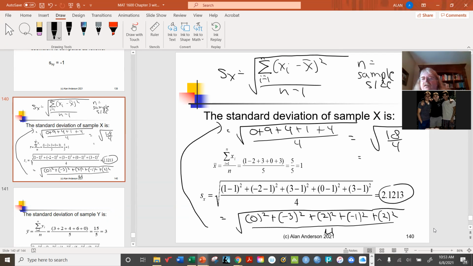And if you take out your calculator, 2.1213, yes, perfect.